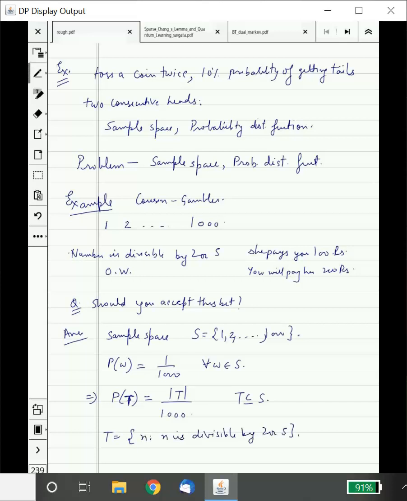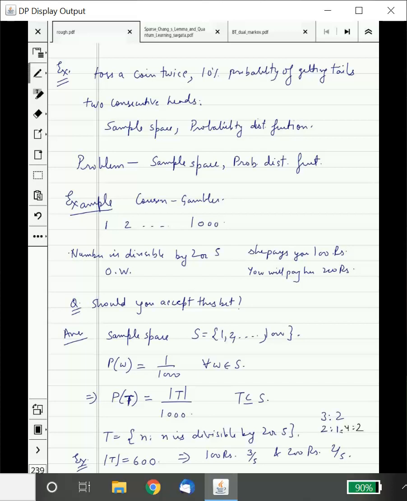Now, as a small exercise, you can figure out that the size of T is 600. This implies that you get 100 rupees with probability 3 by 5 and lose 200 rupees with probability 2 by 5. Your winning odds are 3:2, but you lose 200 for every 100 you win, a 2:1 ratio.